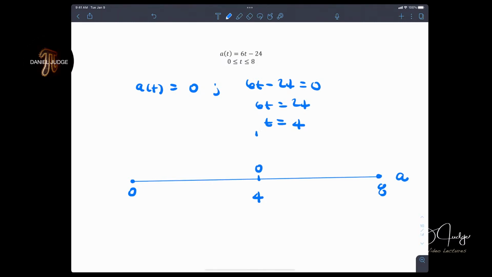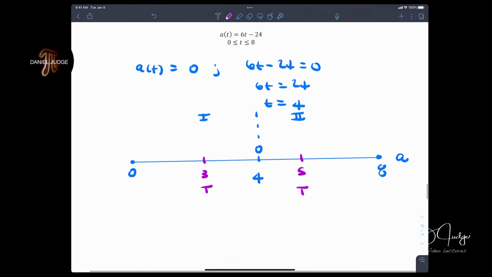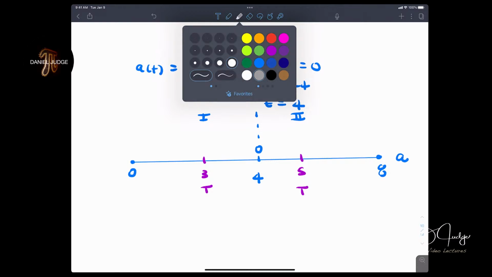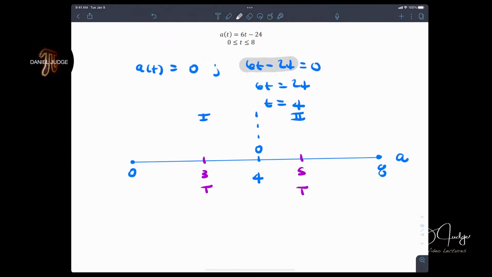And that partitions your real number line there, or this line segment, into 2 regions. We're going to test the signs for both regions. So we're going to use 3 as a test point and maybe 5 as a test point here. And you say, what are we testing? We're testing acceleration.